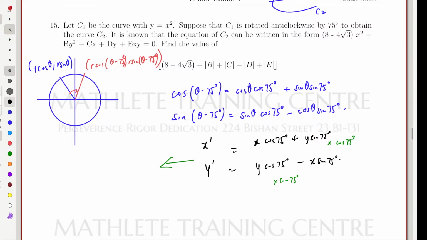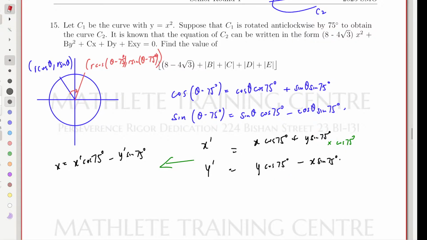So now you can figure out from here, x is supposed to be x prime cosine of 75 degrees minus y prime sine of 75 degrees, I think. Yeah, that's right.